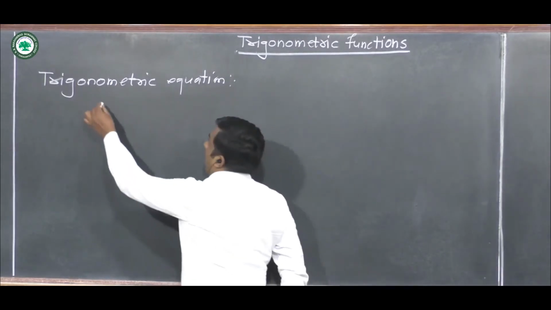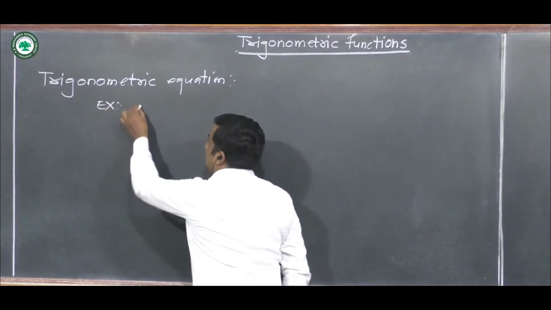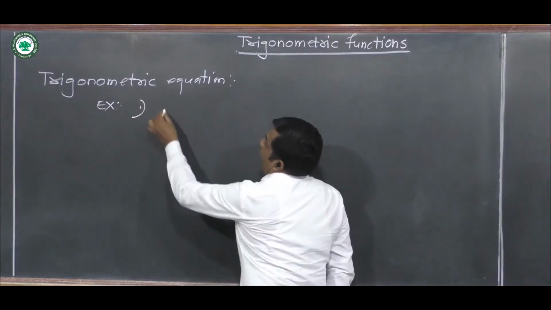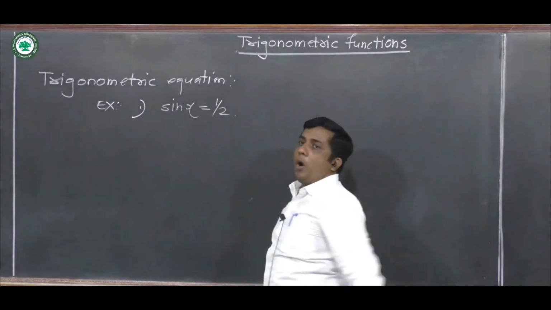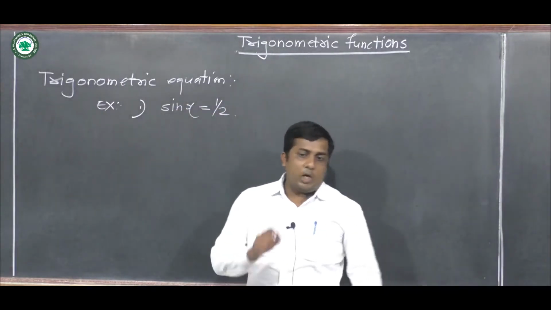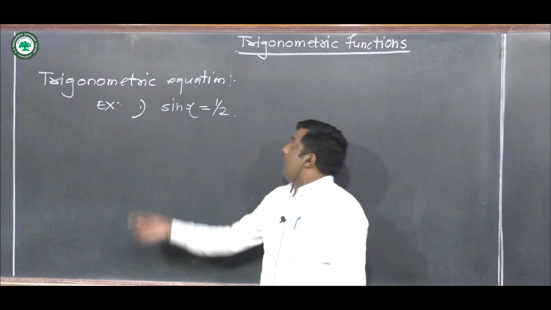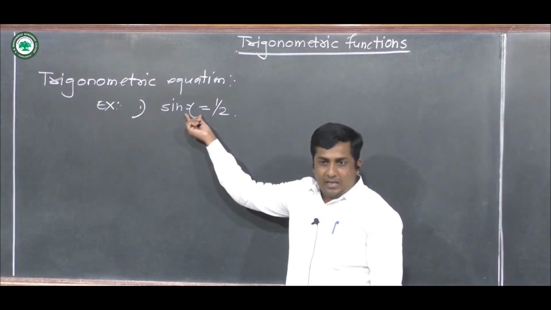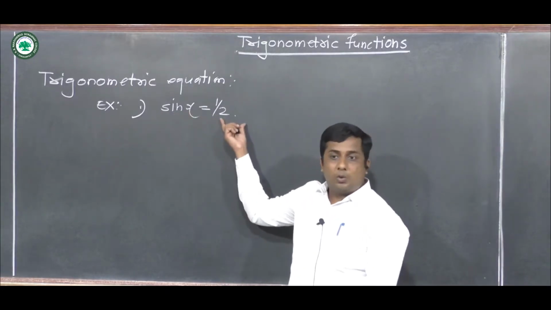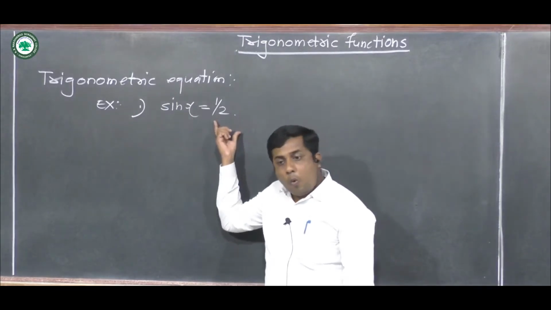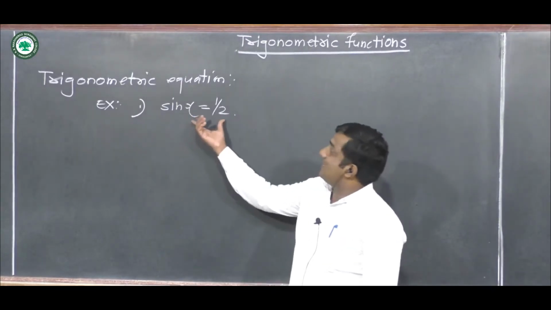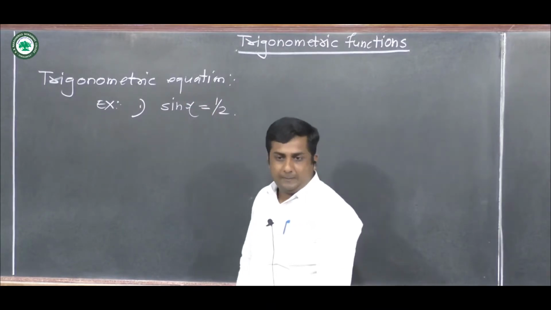Here are examples of trigonometric equations. In the first, we consider sin x is equal to 1 upon 2, which is a trigonometric equation. Here the unknown angle is x, and the value of sin x is 1 upon 2. So this is an example of a trigonometric equation.